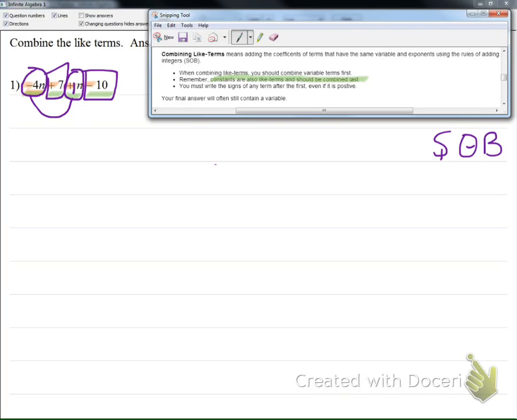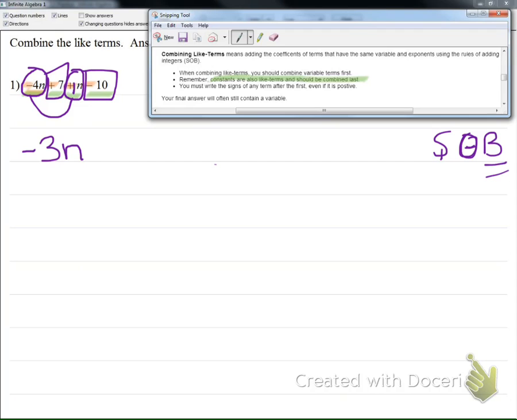The variable is going to stay the same. So negative 4 and positive 1, are those same signs or opposite signs? They're opposite signs, so we have to subtract. 4 minus 1 is 3, but don't forget the bigger sign wins. 4 is bigger than 1 and it's negative, so it's a negative 3. Negative 3n, the variable stays the same.